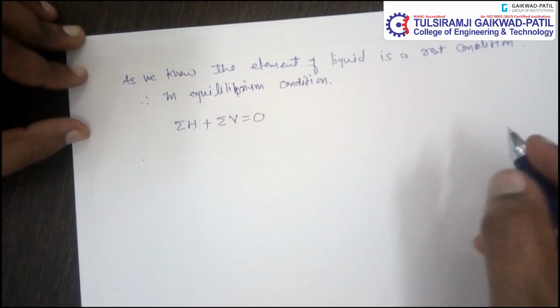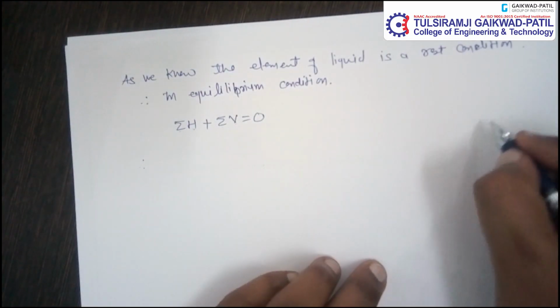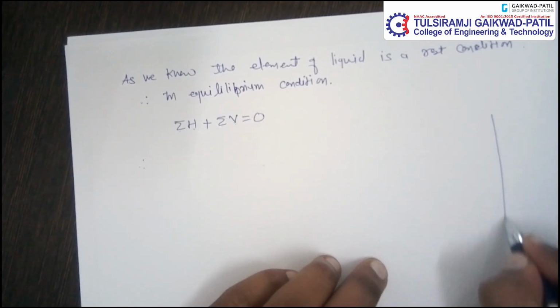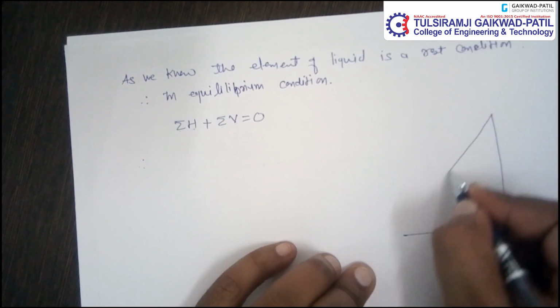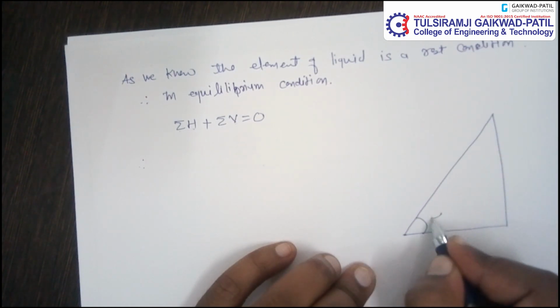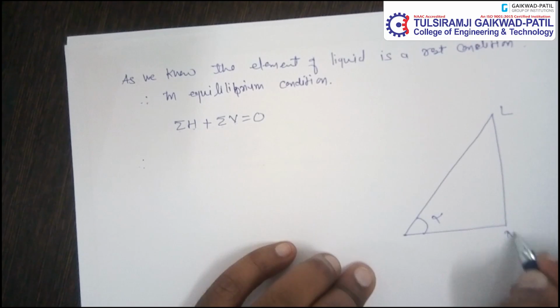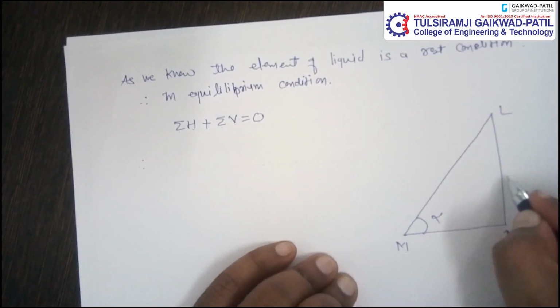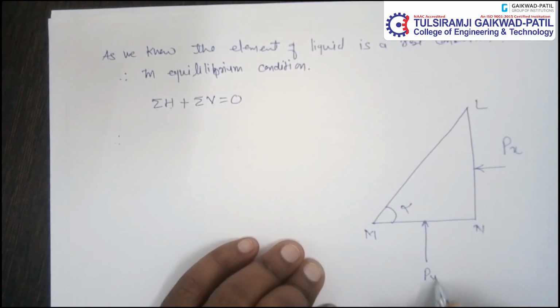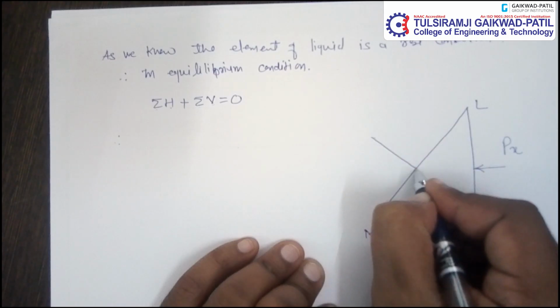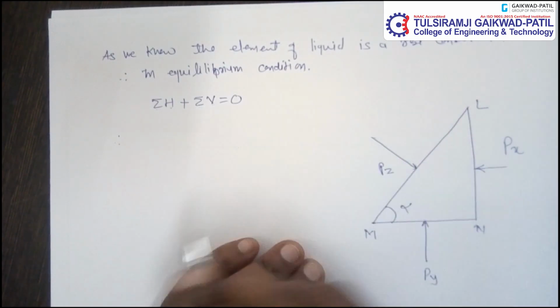So we have to resolve that inclined force. I am drawing this figure again. So this is our diagram, wedge shape element LMN. This is capital Px, this is capital Py, and this is capital Pz.